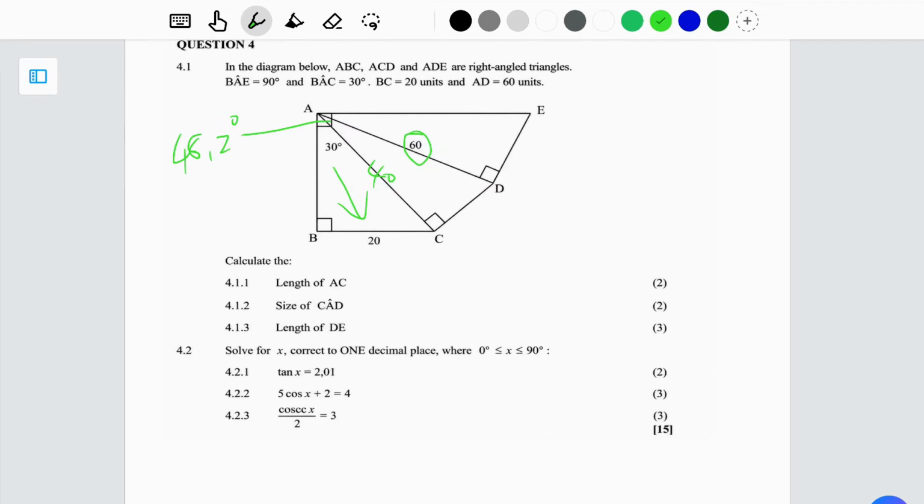So that means that this 30 degrees over here plus the 48.2 degrees plus whatever that little piece on the top of A is needs to equal 90 degrees, right? Okay, so that is again some simple calculations we can do.